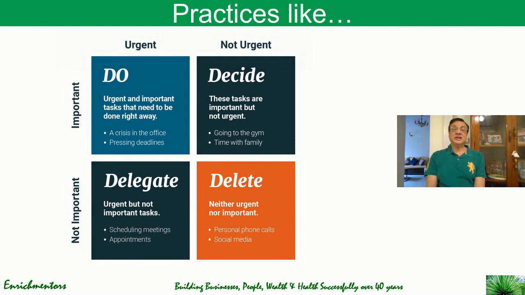Then there are tasks that are important for you but not urgent. You need to decide when to do them. You need to do them because they are important, but they're not urgent, so you need to schedule them, and that's the practice that you need to get into.